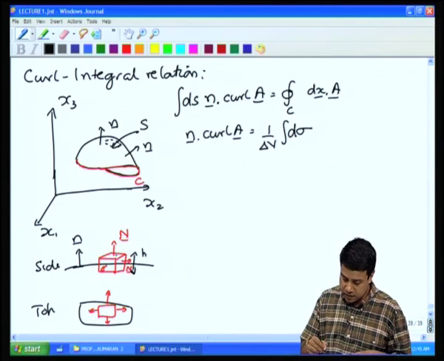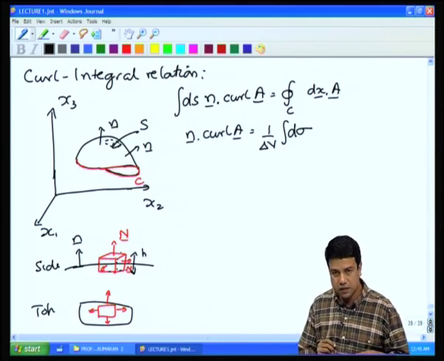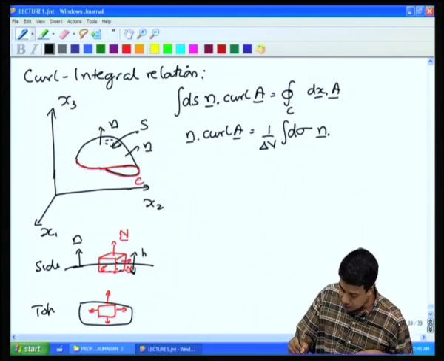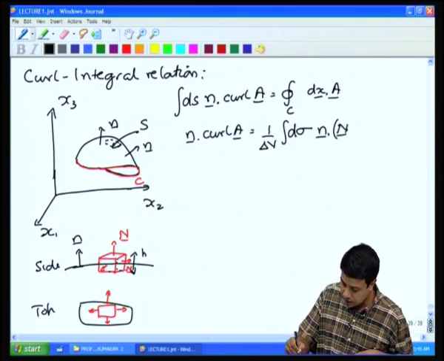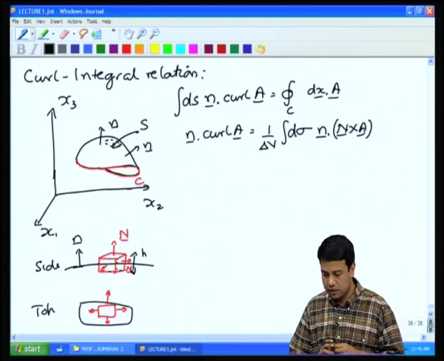Sigma represents the surfaces of this cubic differential volume that I have constructed. Sigma of n dot curl A, n dotted with curl A was capital N cross A.